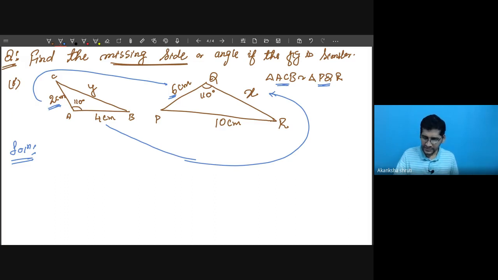So sometimes the relation, which one corresponds to which one, is mentioned, and sometimes it is not mentioned, but from the figure you have to observe carefully.